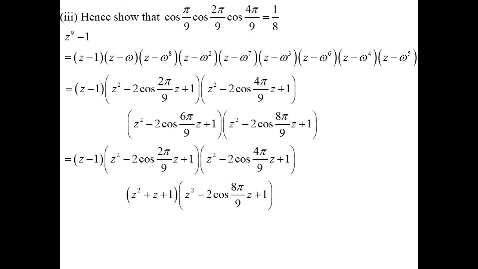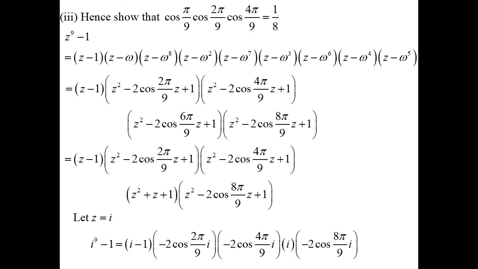But anyway, let z equal i. We now have i to the power of 9 minus 1 is i minus 1 times, well, the z squared plus 1 is 0, leaving me with minus 2 cos 2 pi on 9 i. The next one, 4 pi on 9 i. Next one, cos 8 pi on 9 i.